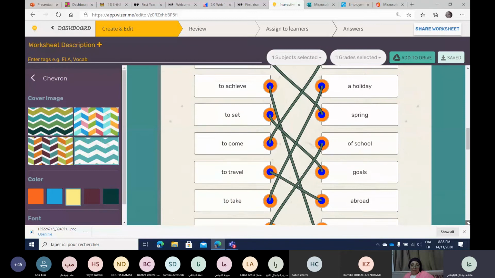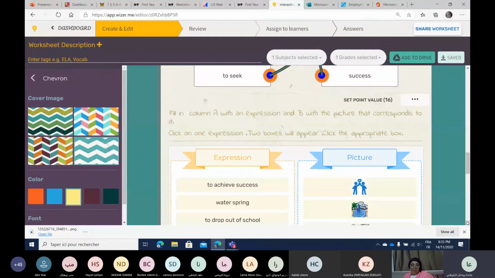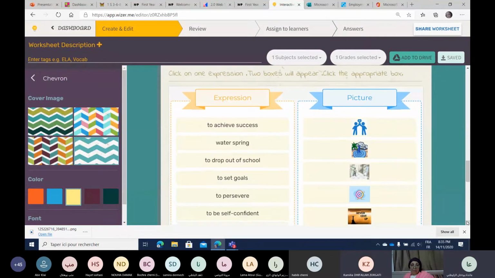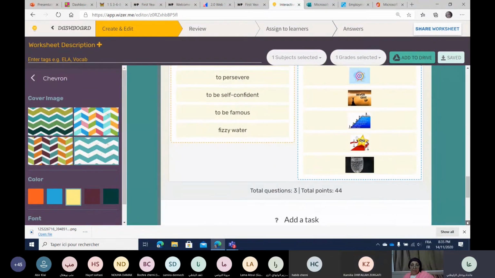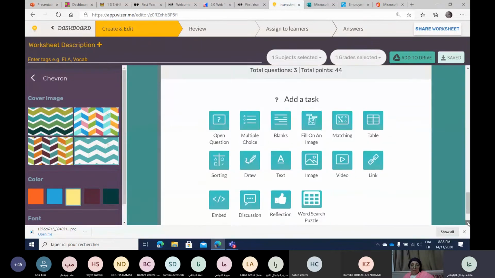So it's light. Then a matching exercise. I have here sort out pictures and expressions. Then let's look at the list of functionalities present in Wiser Me: open question, multiple choice, blanks, fill in an image, matching, etc.